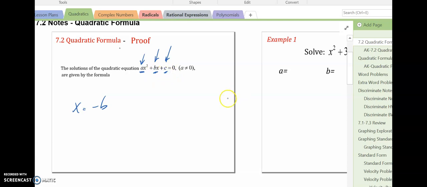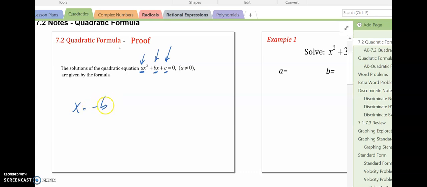And the other thing that's extremely important about a quadratic formula is the entire pieces, ax squared, bx, and c, must all be on the same side. And if they're all on the same side and they're all set equal to 0, then you're ready to use the quadratic formula.